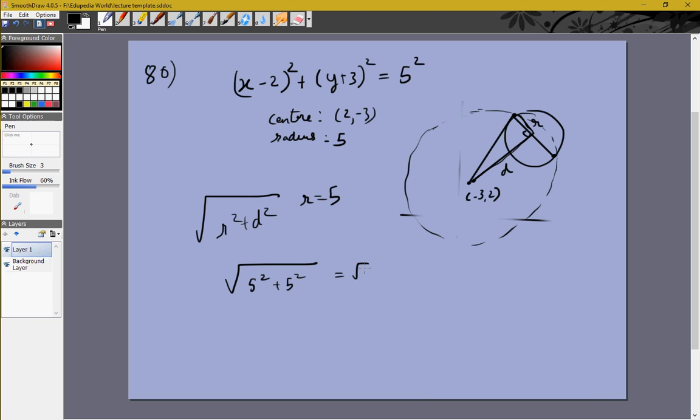So d is root 50, so d squared is 50 and r squared is 25. So the big radius, let's call it capital R, is root of 75, which can be written as 5 root 3, which means the answer is option 2, 5 root 3.